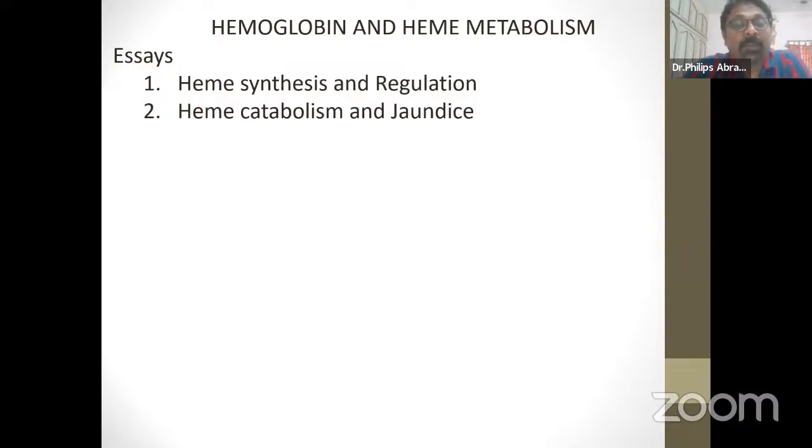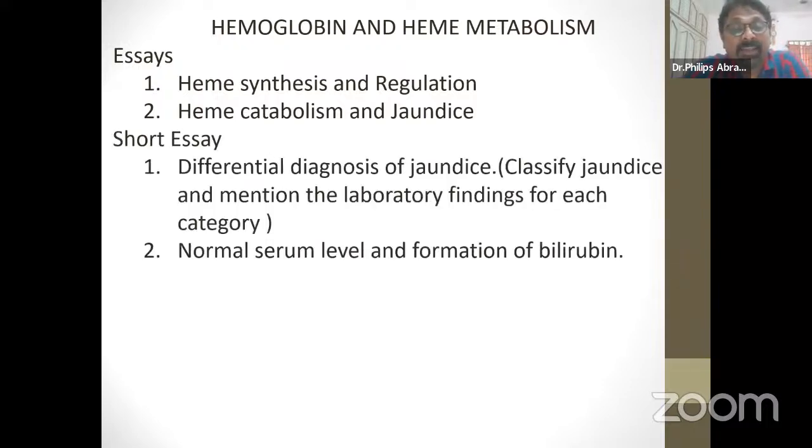So study this topic. The question can be crisply phrased as differential diagnosis of jaundice, or otherwise classify jaundice and mention the laboratory findings of each category. In other words, what changes occur in the biochemical parameters in blood and urine in different jaundice conditions.